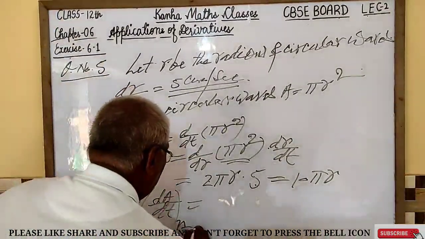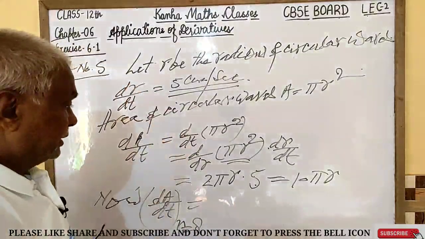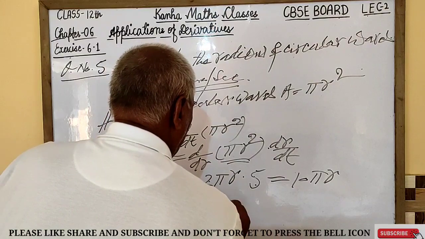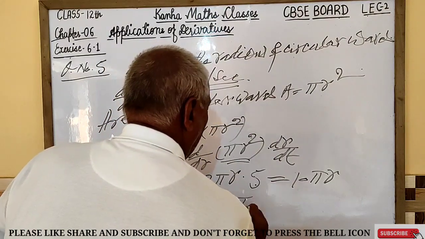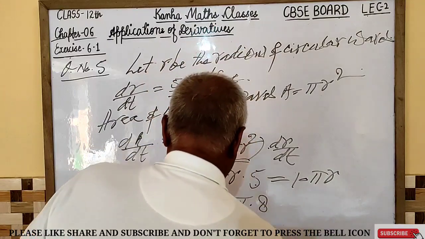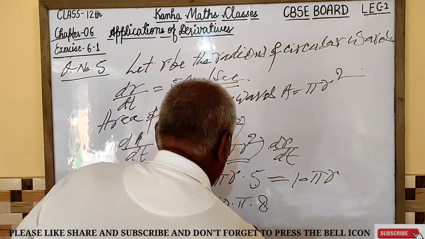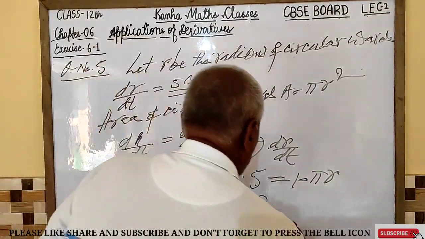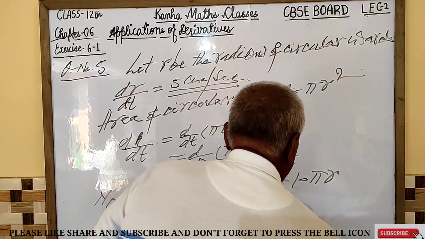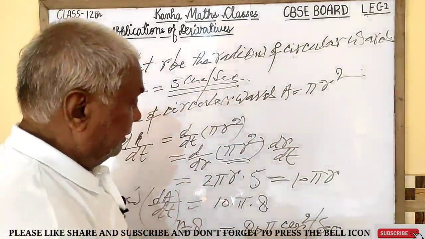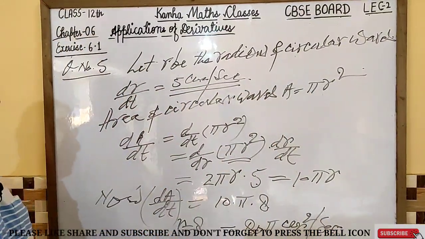So, at r equal to 8, let us replace r by 8. 10 pi r means 10 into 8, that is equal to 80 pi centimeter square per second. This is the answer of the question.